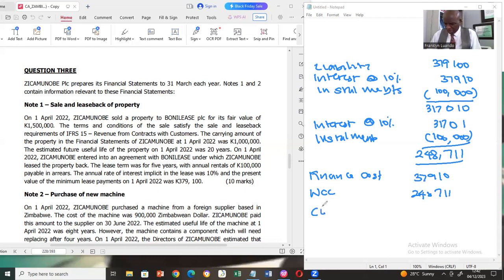The current liability will be the difference between 317,010 and 248,711. This will give us 68,299. So we have answered this short question together.